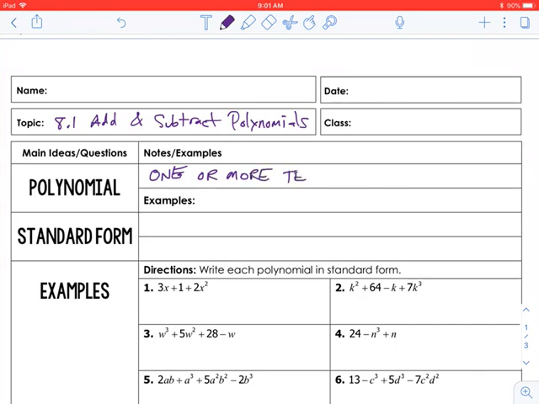terms. So a term is something like x or 2x or just 2 or any of those. Okay, one or more terms combined by addition or subtraction.